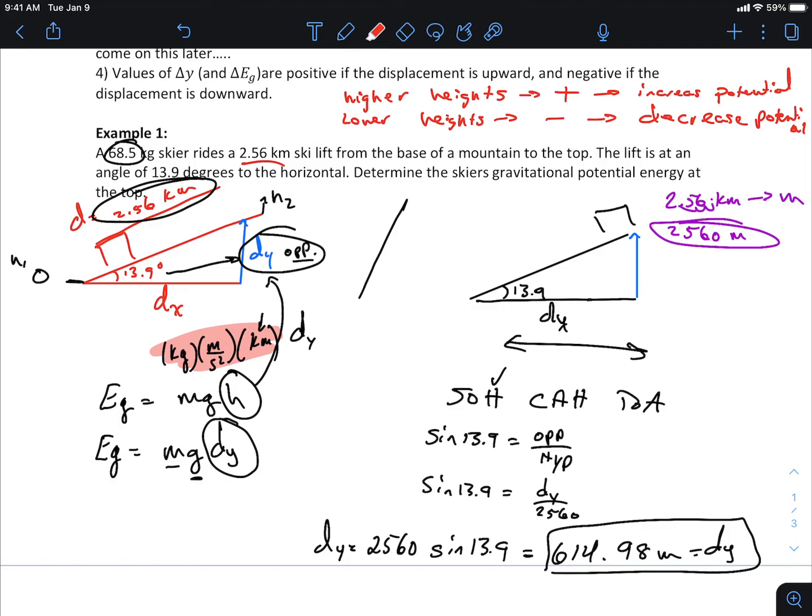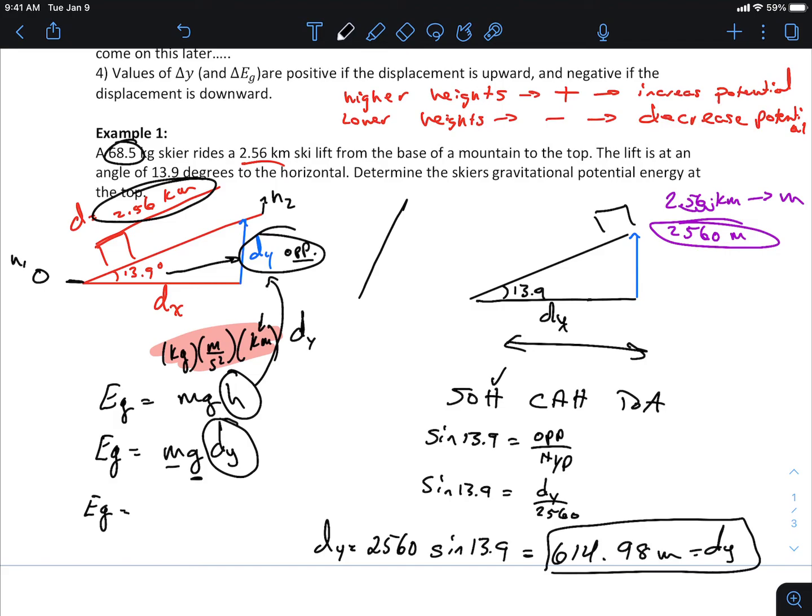Okay, so we're not quite done. We've got to actually plug this number in, and then we get the potential energy of this object, right? Joules and joules. So we're going to see gravitational potential energy should be equal to the mass times 9.8 times the delta d value.